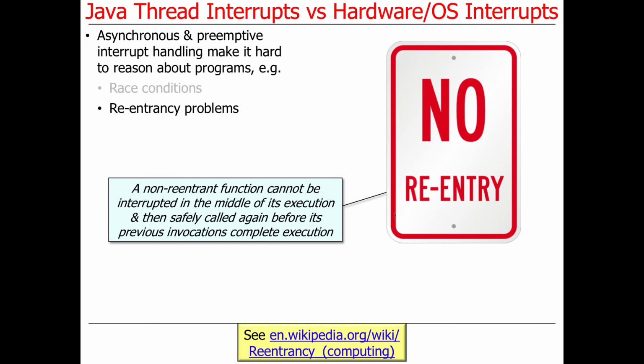You may also have something called reentrancy problems, because the function that was interrupted might be in the middle of doing something important, like putting something into a linked list, and the linked list may be in some inconsistent state. When the interrupt handler runs, if it tries to do something that requires the linked list to be in the right state, the list would be inconsistent because it was pinned unexpectedly by the signal handler, and that causes all kinds of headaches and problems.